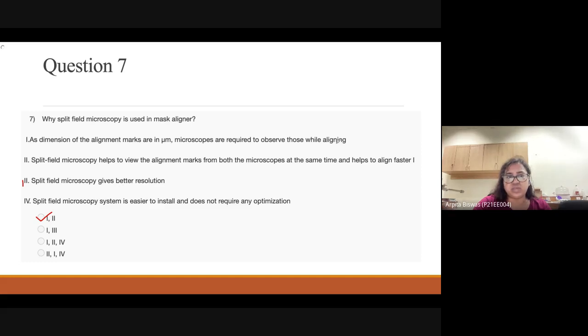You can see the enlarged image because the device is in the micrometer range. And split field microscopy helps to view the alignment marks from both the microscopes at the same time to help align faster. So the first one and second one both are the right options. Okay.